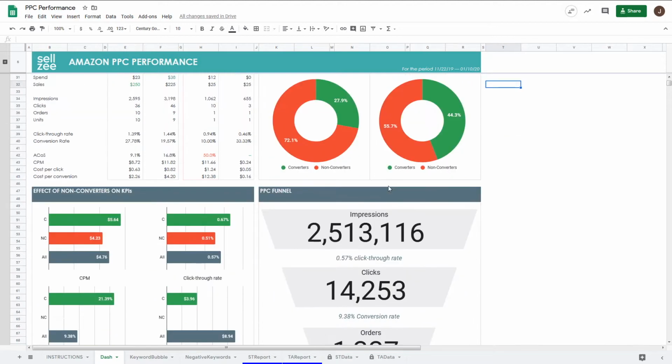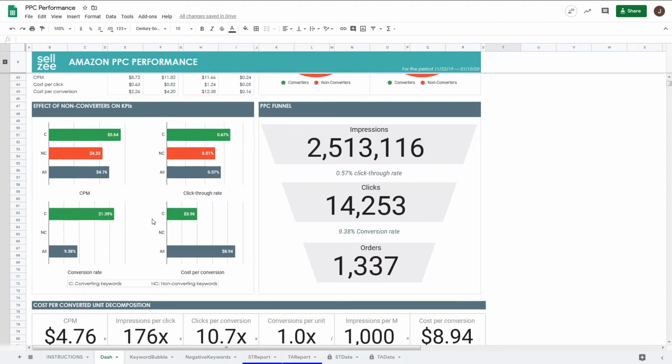Now, if you're more of a visual person, these charts down here will paint the same type of picture for you right away, in terms of the effect the non-converting keywords are having on your KPIs. So click-through rate was 0.67 for converting keywords, but the non-converting ones were only 0.51, so that dragged the total click-through rate down to 0.57.